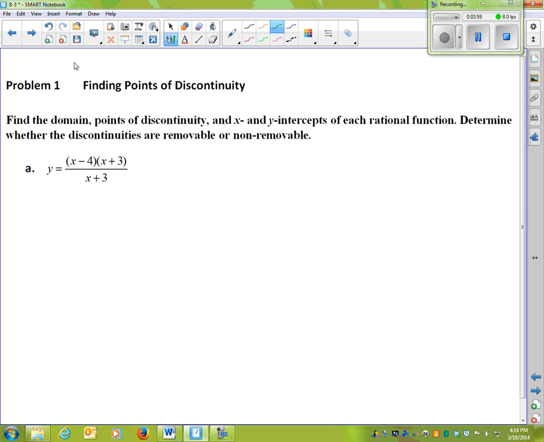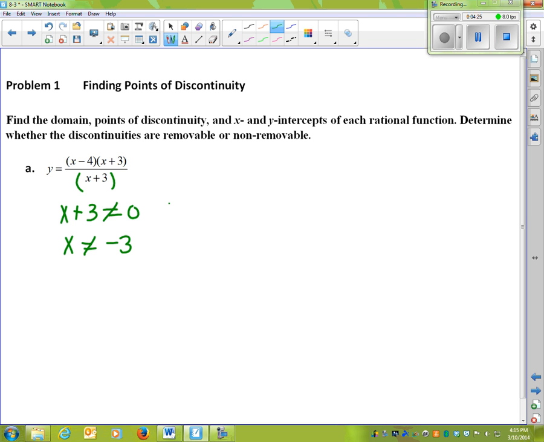Okay. In my first problem, to determine the domain, I'm going to look at the denominator. Remember, that's what my restriction is. That's what defines what x cannot be. I take my x plus 3, cannot be equal to 0, subtract the 3 across, so x cannot be negative 3.